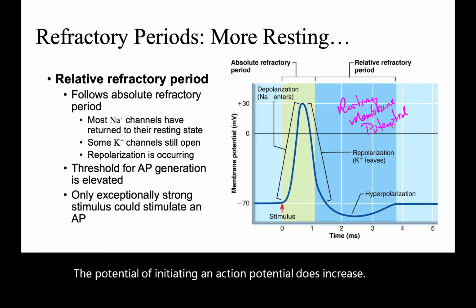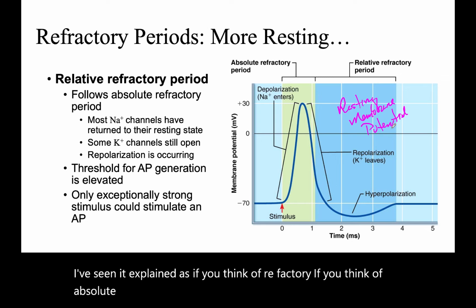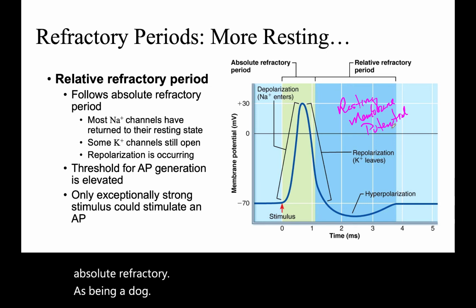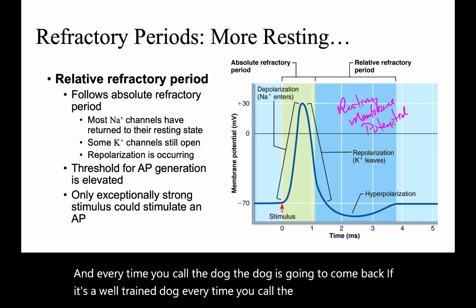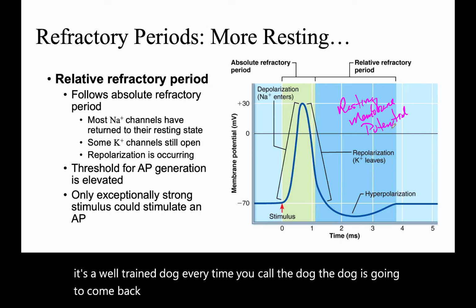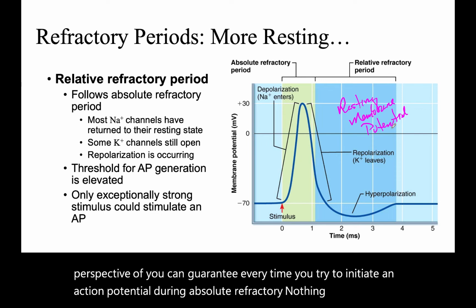I've seen it explained as if you think of absolute refractory as being a dog, right? If it's a well-trained dog, every time you call the dog, it's going to come back. That's absolute refractory, except from the perspective of you can guarantee every time you try to initiate an action potential during absolute refractory, nothing is going to happen.